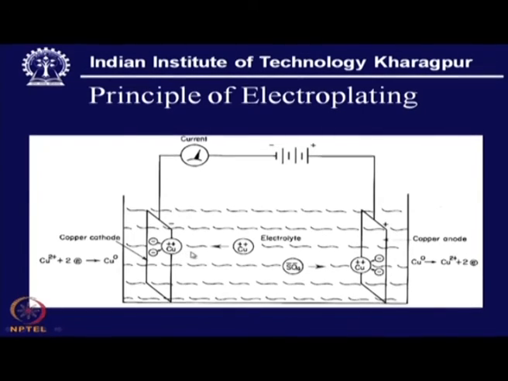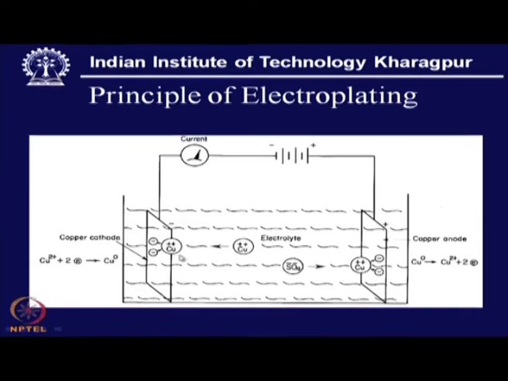However, this electron will flow on this surface, and at the same time as the electron moves, we have release of copper ion because of the release of electron, and that copper ion goes into the solution to combine with the sulphate radical. And in this case, with migration of the copper ion towards the cathode surface, there will be a deficiency of copper in the solution, and that will be continuously replenished.